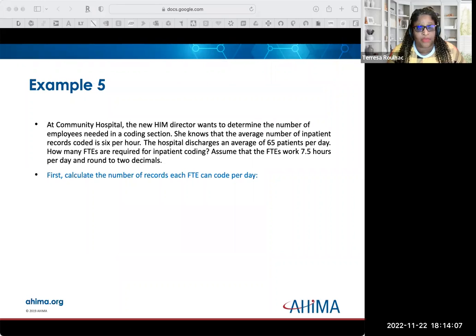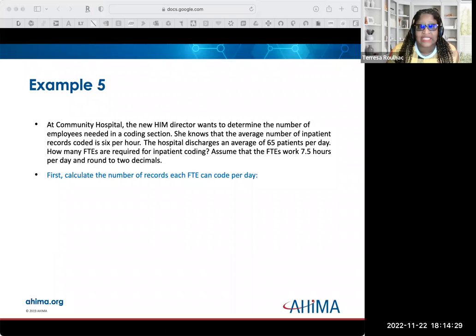In our example, at Community Hospital, the new HIM director wants to determine the number of employees needed in a coding section. She knows that the average number of inpatient records coded is 6 per hour. Now, the hospital discharges an average of 65 patients per day.